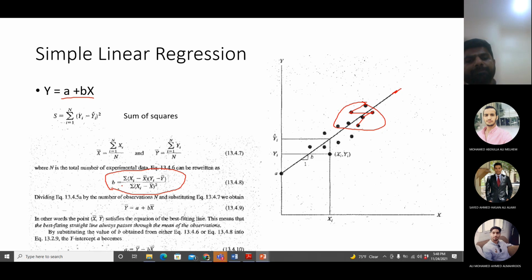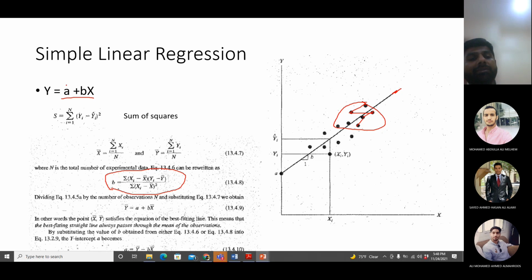Then if this equation is true, if you put the value of x bar here, you should be getting the value of y bar, right? If this equation is giving me the results of the experiment accurately, perfectly, then y bar should be equal to a plus b into x bar. So I already know the value of b, y bar, and x bar from the experiments.